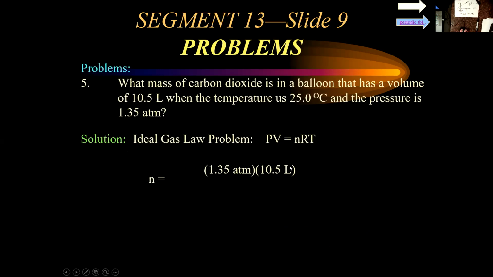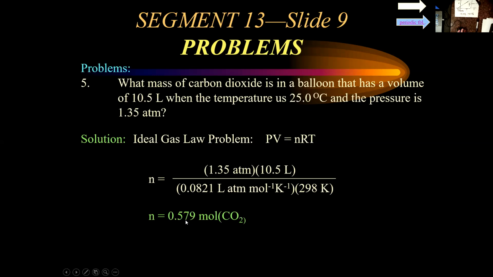Volume is 10.5 liters. The ideal gas constant is 0.0821, and the temperature for 25 degrees is 298 Kelvin. Add 273.15 to that. And we can solve for the number of moles: 0.579 moles of CO2. That's how much you would have to have. It would be about 25.5 grams.